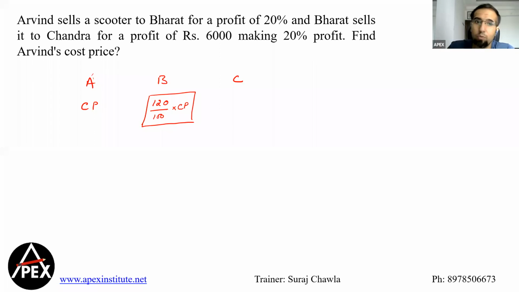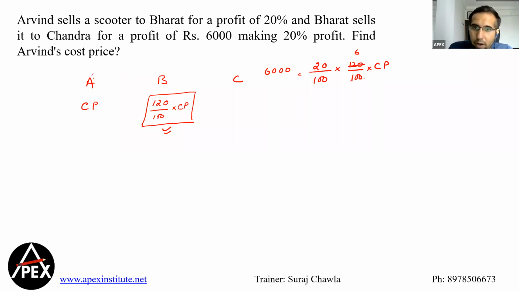Okay. Now, Bharat added a profit of 20 percentage on this. So can I say 20 percentage of 120 percentage of the cost price is the profit made by Bharat? And that, as per the question, is equal to 6,000.